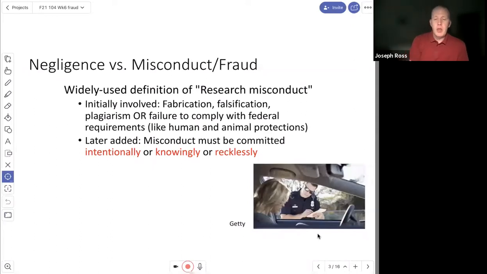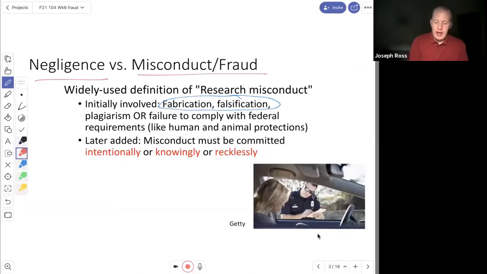Initially, the definition of research misconduct involved these words that you can see here. We've already talked about plagiarism and human subjects protection, but fabrication and falsification, making up data, inventing data, or editing or altering your data, that's really what we're here to talk about today. The difference between negligence and misconduct or fraud has to do with this bottom point.